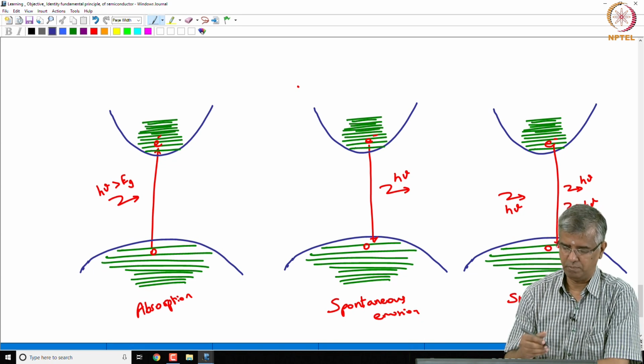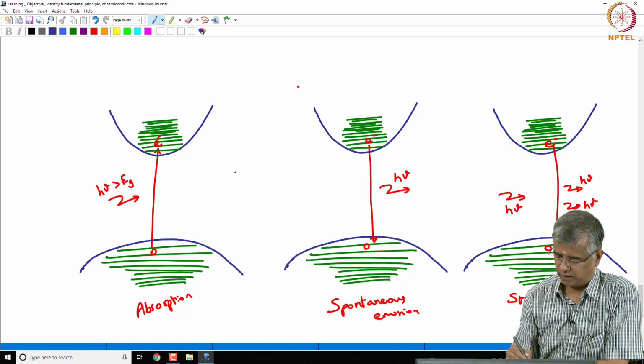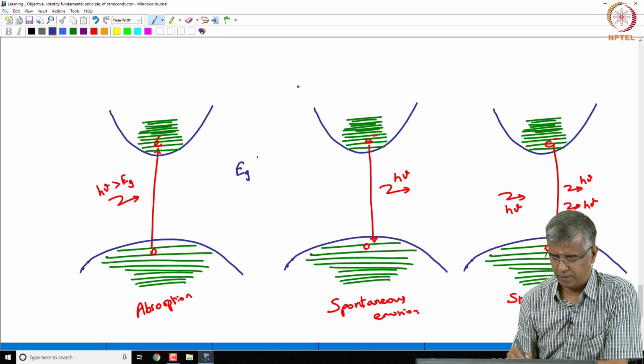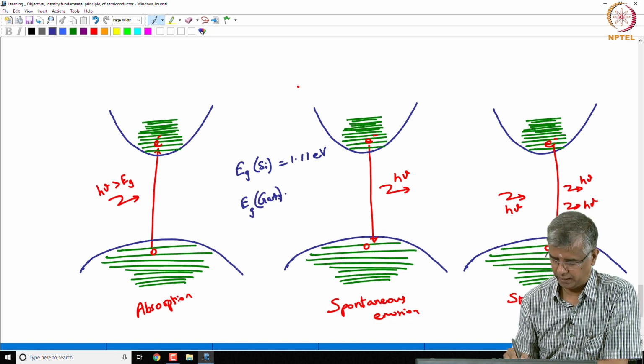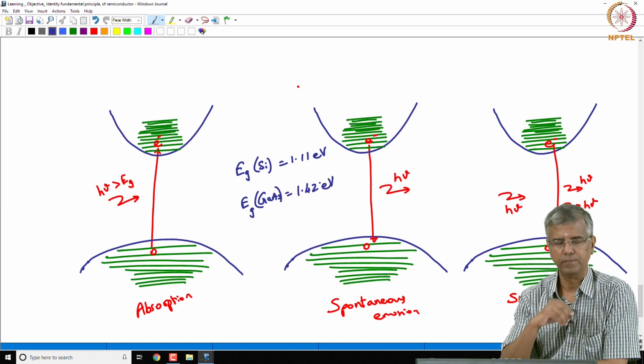For example, I did not mention this yesterday, Eg, the band gap energy for silicon, is about 1.11 eV, whereas Eg, the band gap energy for gallium arsenide, is about 1.42 eV, right.